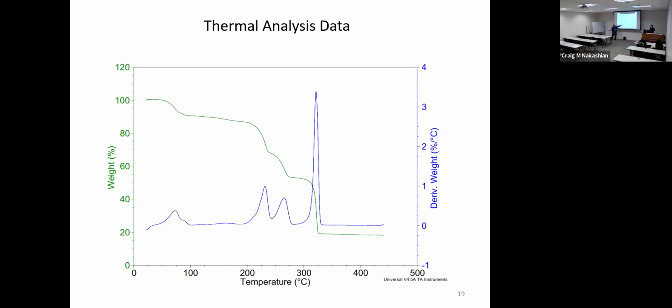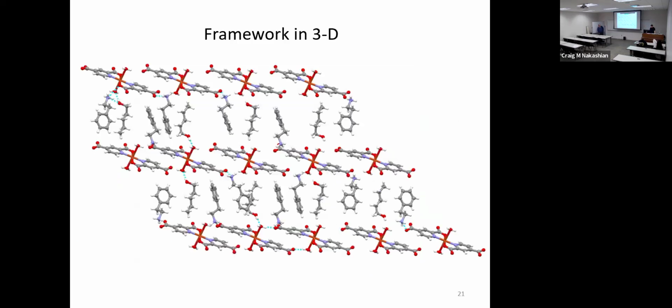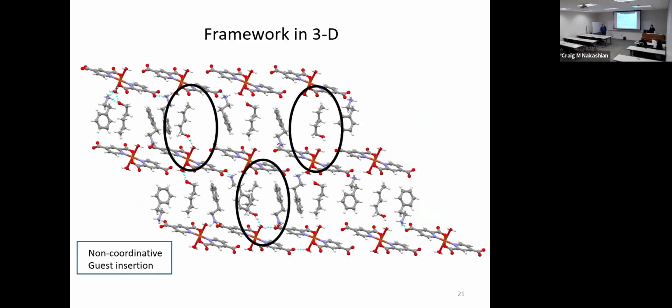So nice, good example. Before 100 degrees, there goes that hexanol molecule leaving our framework. Then we did the same metal PDCA again with the amine, and we used 1-pentanol as an insertion gas molecule, indicated by this.